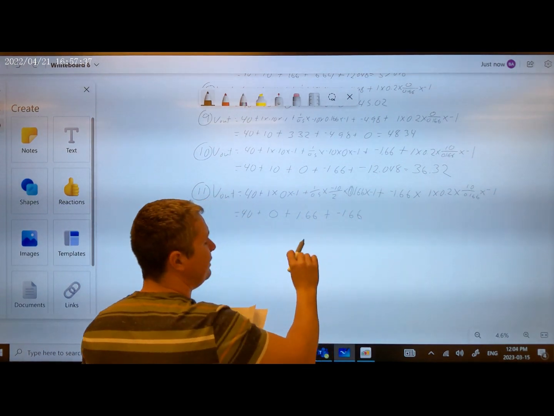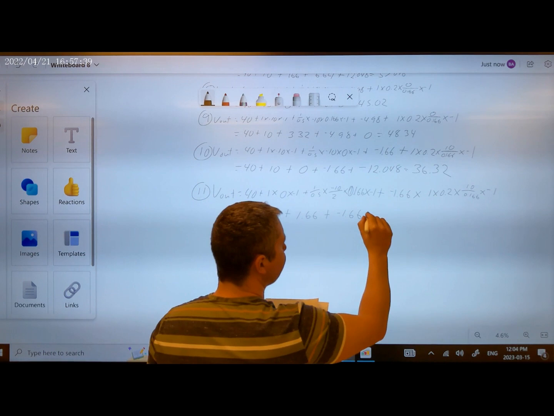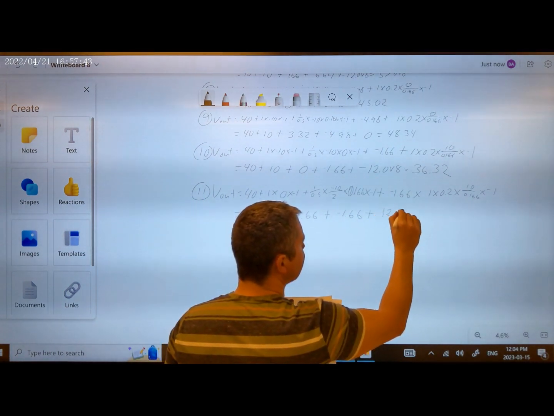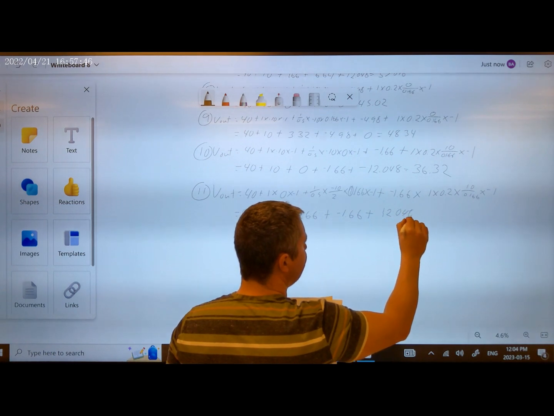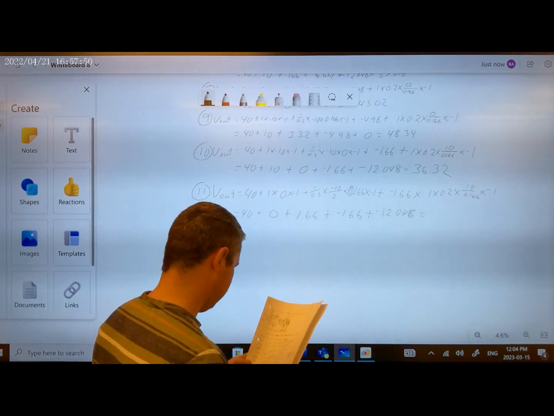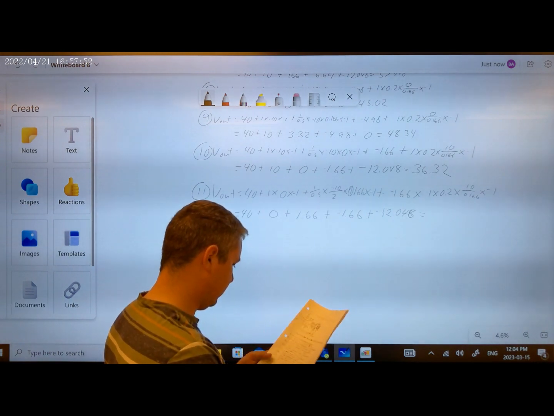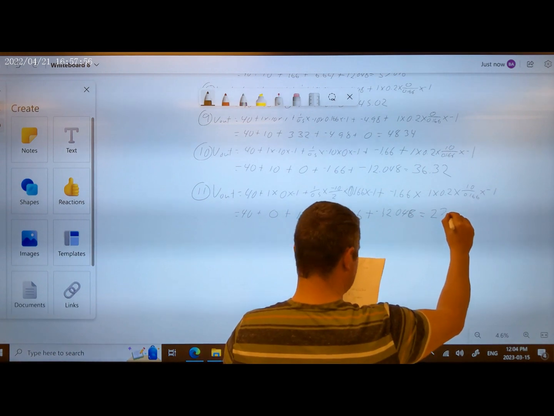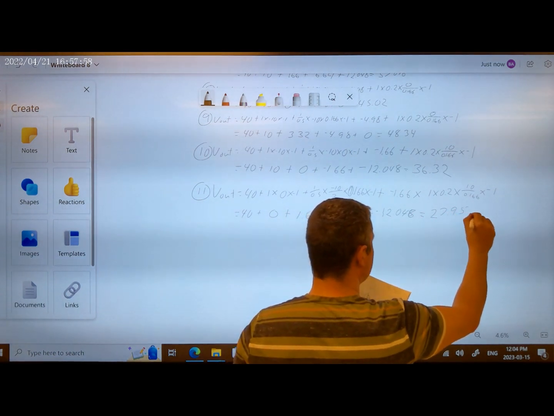That is the cumulative integral and the new integral. Plus, we still have minus 12.048, which equals 27.952.